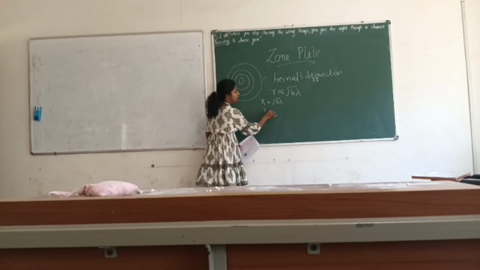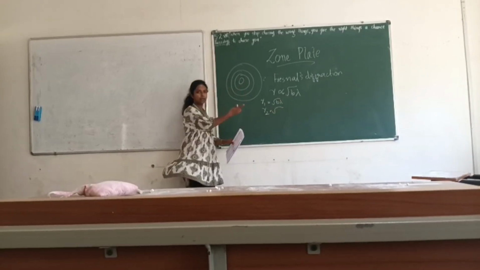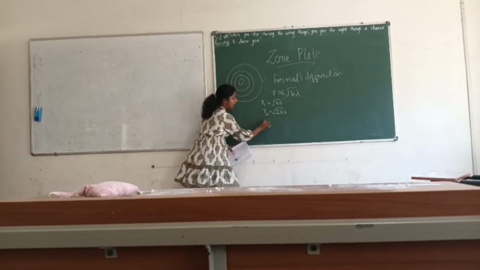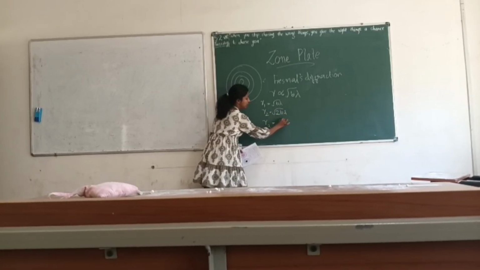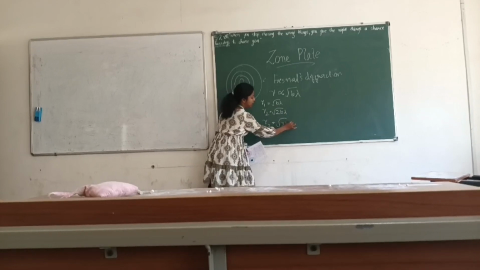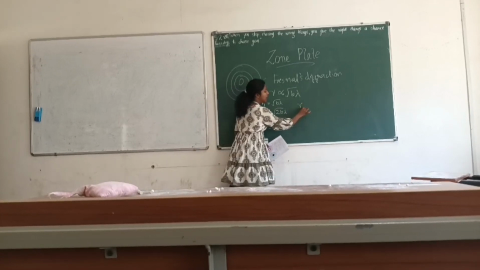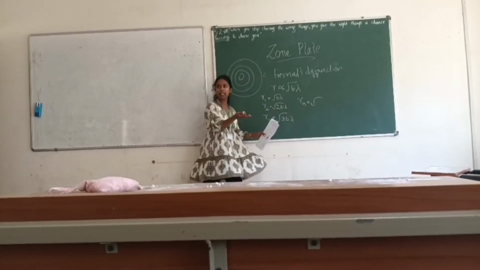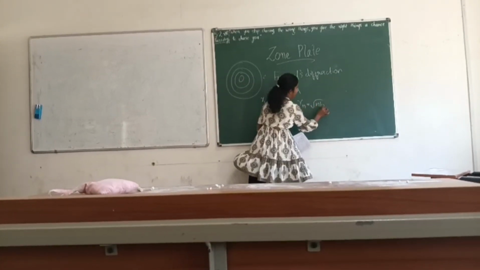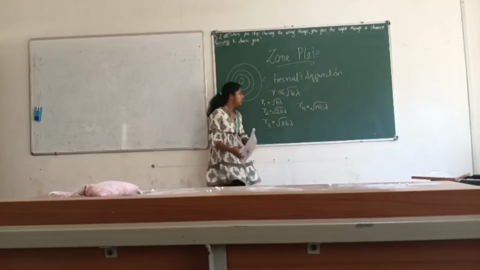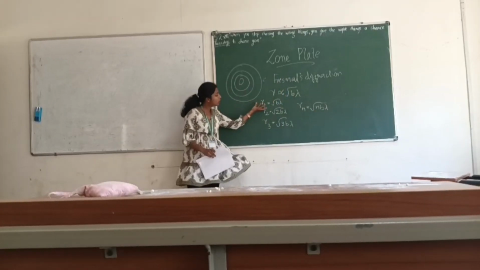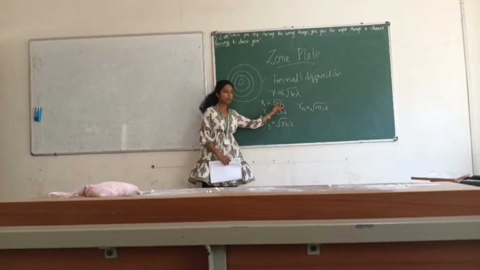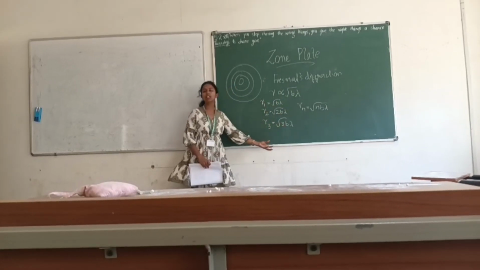R2 will be equal to root of 2b lambda. Then R3 will be equal to root of 3b lambda. So then what will be Rn? Rn is equal to root of n b lambda. When we look at each radius of the circle, one thing is common in the equation.